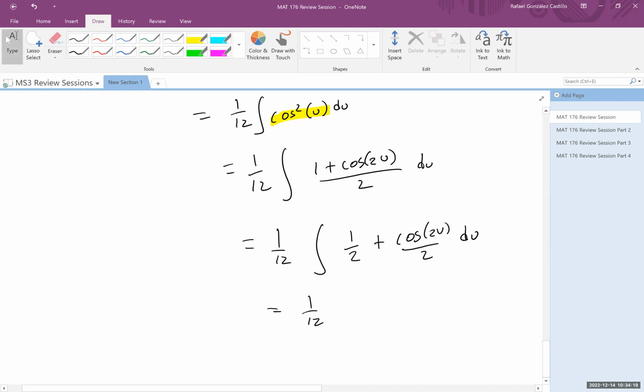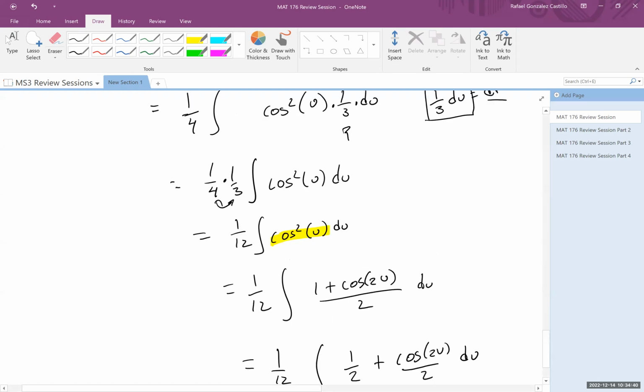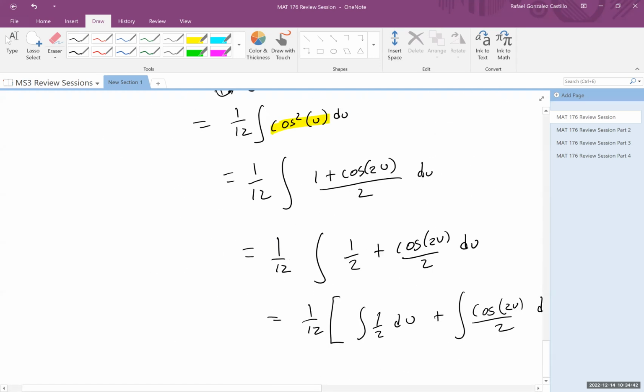We don't have to do it all at once. We could do integration term by term. So we're going to have the integral of 1/2 du plus the integral of (cosine of 2u) over 2 du. So we could break up our integral in this way.